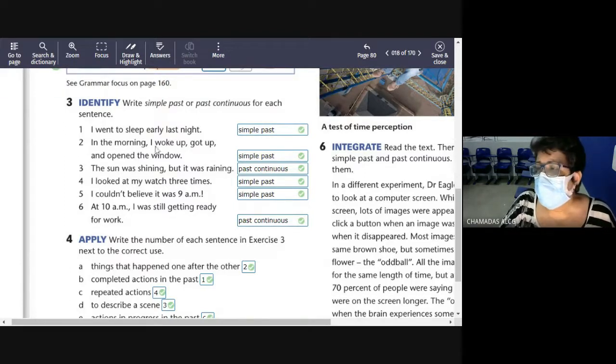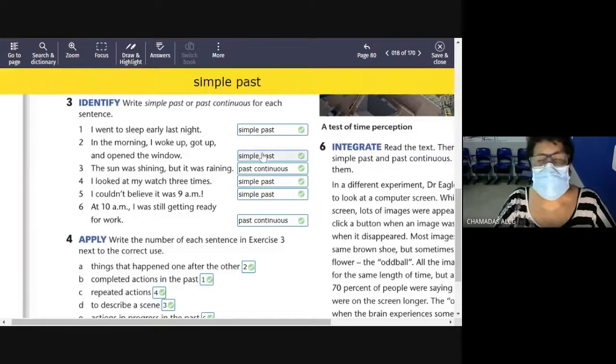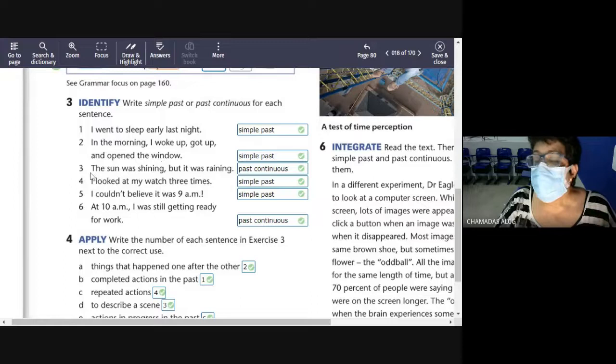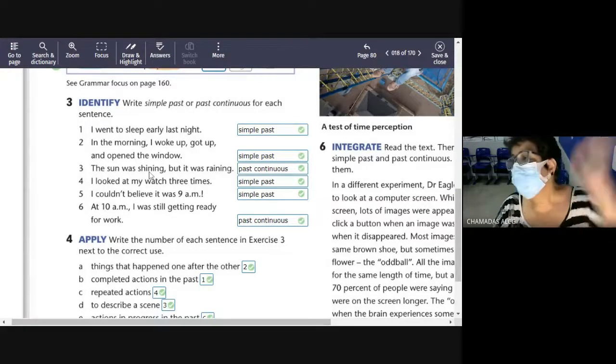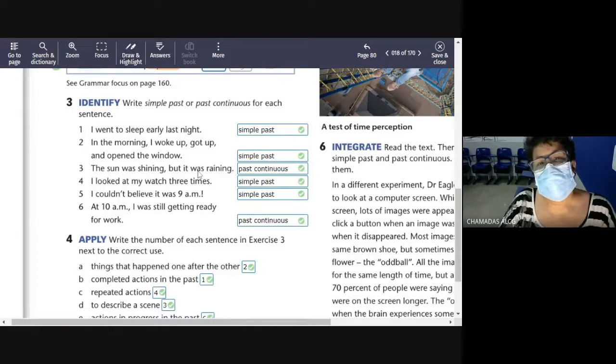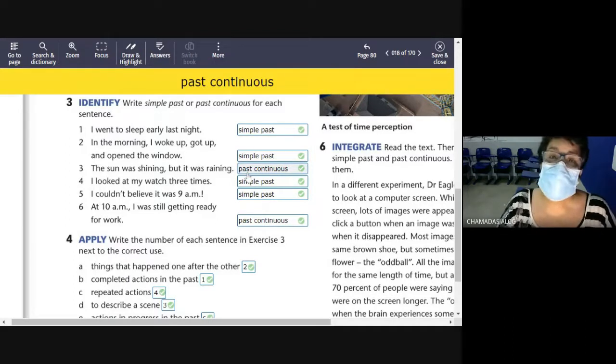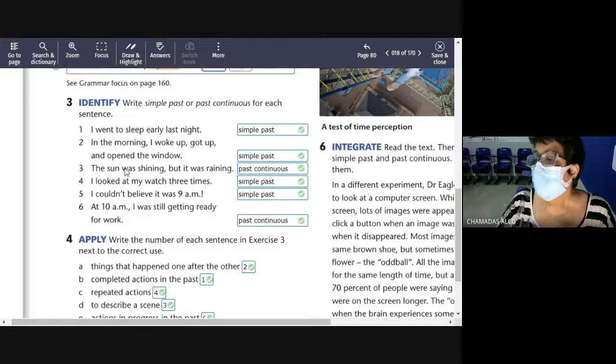In the morning, I woke up, got up, and opened the window. Simple past again. Okay. Number 3, the sun was shining, but it was raining. That is past continuous. I'm describing the scene.